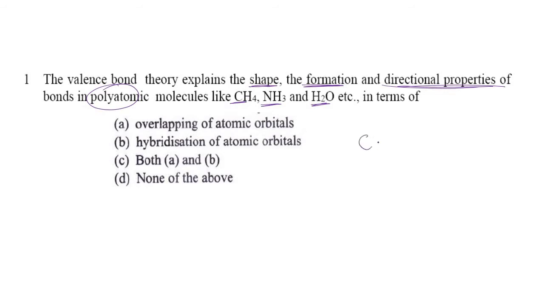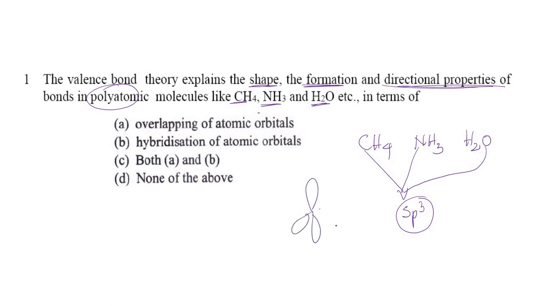Now let us go with respect to methane and NH3 and H2O. This carbon central atom, nitrogen central atom, oxygen central atom, all are having which type of hybridization? Sp3. All are having sp3 means atomic orbitals are undergoing hybridization, isn't it? So if carbon was there, okay, it was tetrahedral sp3, 4 sp3 hybrid orbitals are directed towards the 4 corners of a tetrahedron.